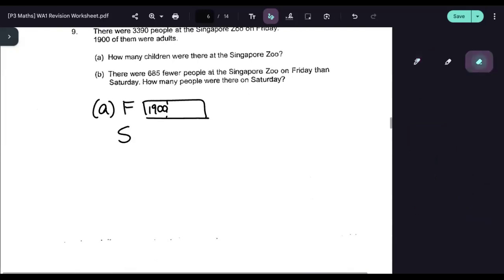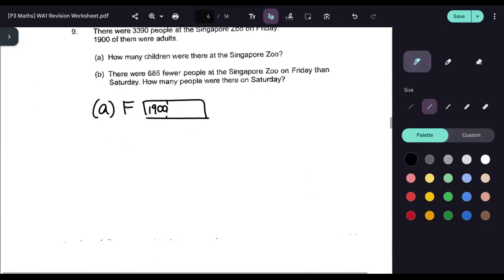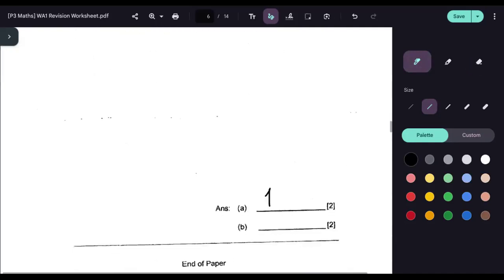Okay, this one not considering Saturday yet. Total 3390. So you just take 3390 minus 1900. If you don't need to draw a bar graph, also can, but it's highly recommended. Okay, you should get 1490. So your answer here is 1490.